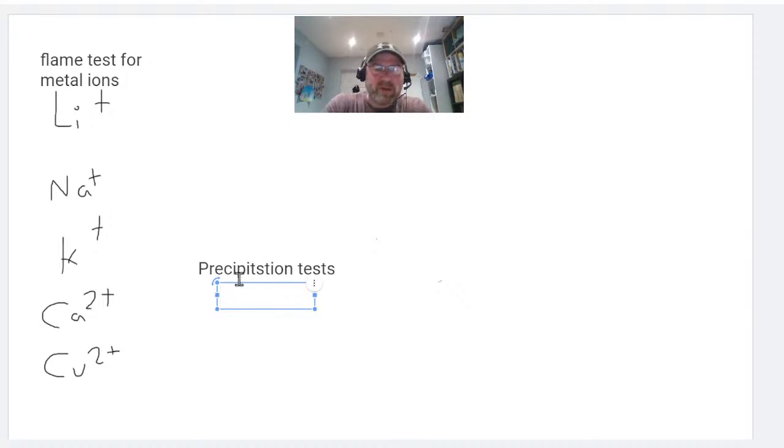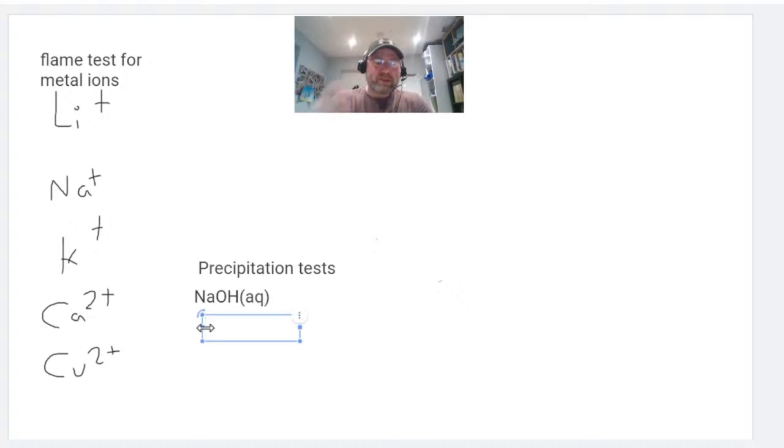Oh my days, check out the precipitation. I can't spell precipitation. So, for precipitation, nice one. You're going to add NaOH, and that is aq, which is just shorthand for writing solution. Sodium hydroxide. So you're going to add sodium hydroxide, and you're going to get certain colors.